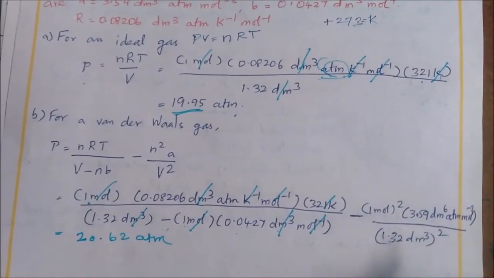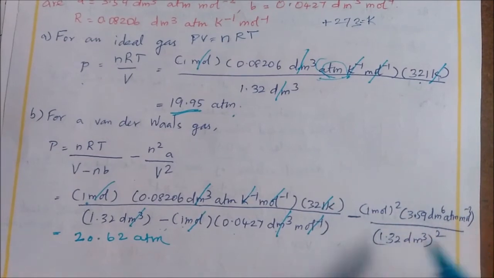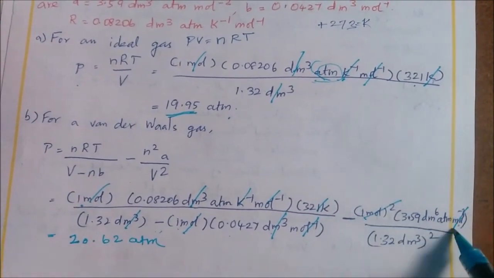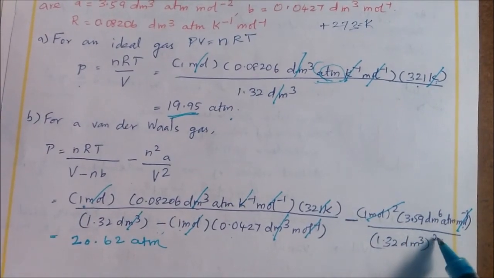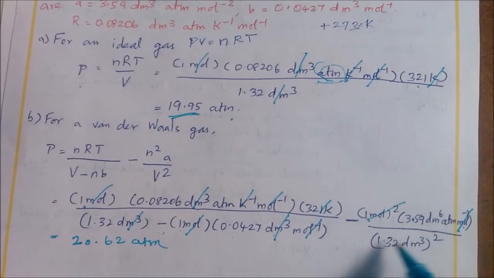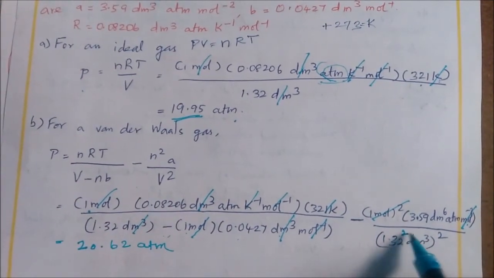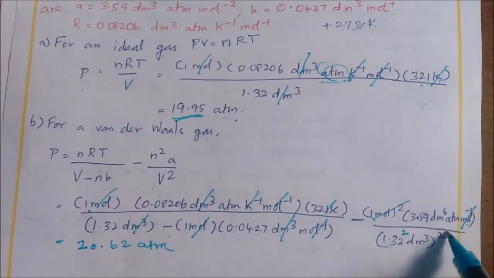And now here we have mole square, mole power minus 2 here, and it is squared for both the numerator and decimeter cube. So 1.32 square and decimeter 3 into 2, dm power 6.